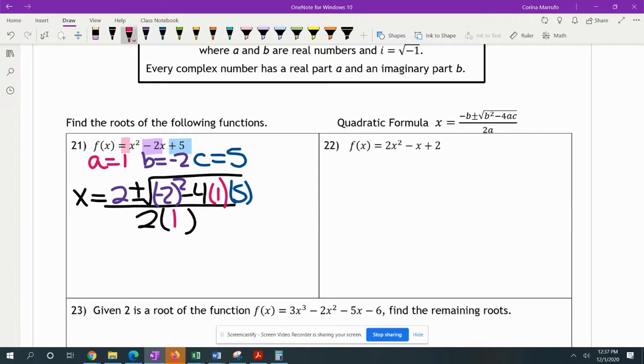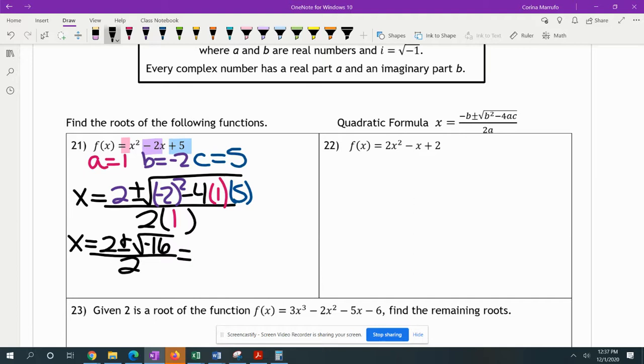So remember, we simplified just the part under the square root first, so it'll be 2 plus or minus. On the bottom, it's 2 times 1 is 2, so we do 2 squared, which is 4, minus 20 gives us -16. So we get the square root of -16. Okay. So we can't take the square root of 16 and get a real number, but we can get an imaginary number.